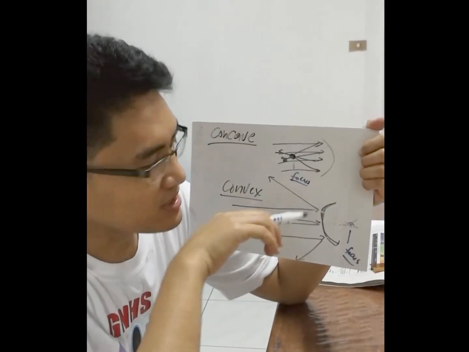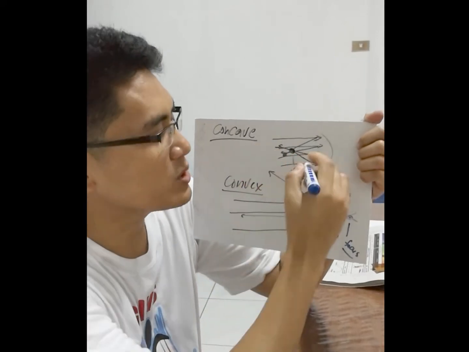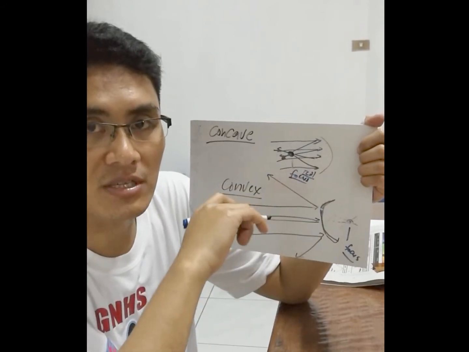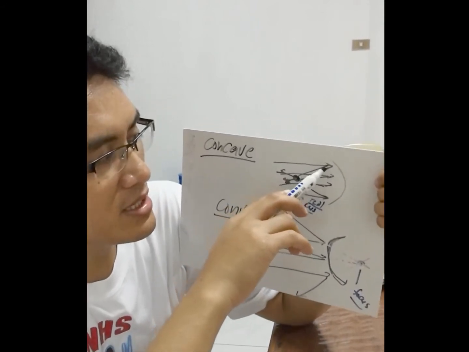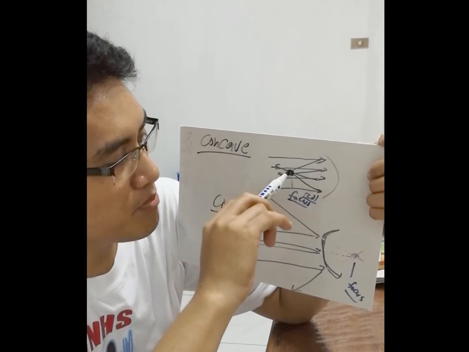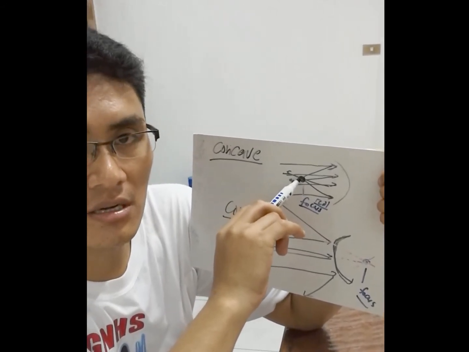But the difference is this one is what we call a real focus, because you can really see that after reflection the light rays meet at a particular point.